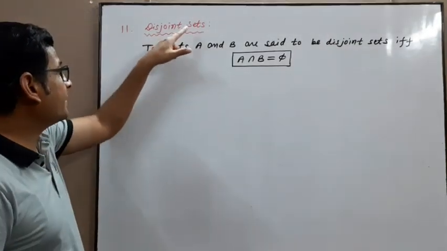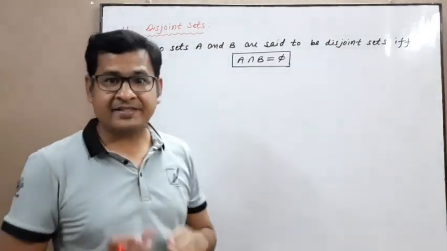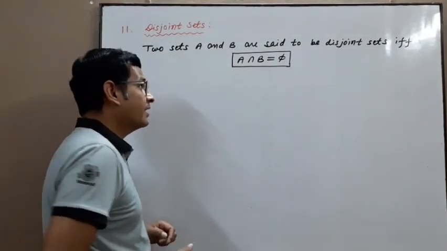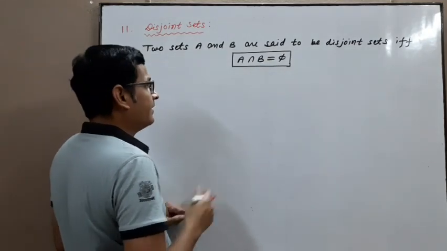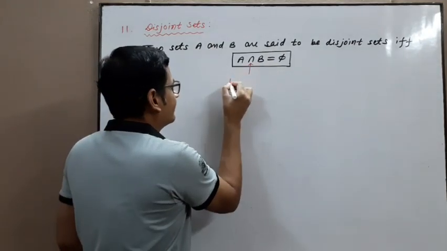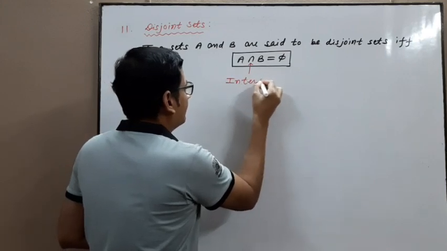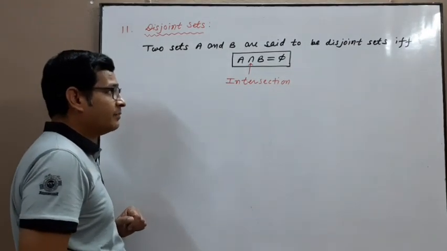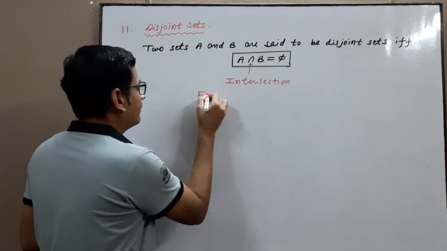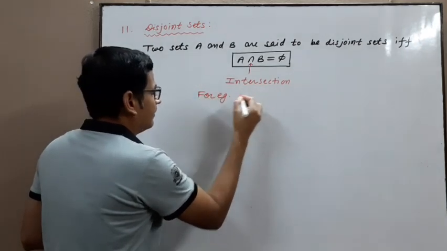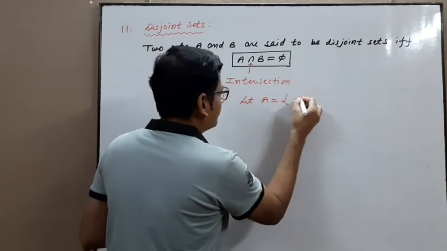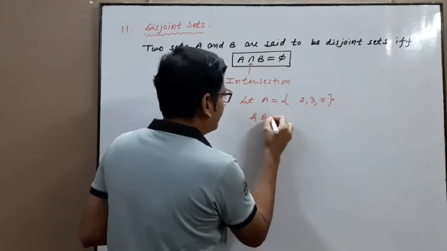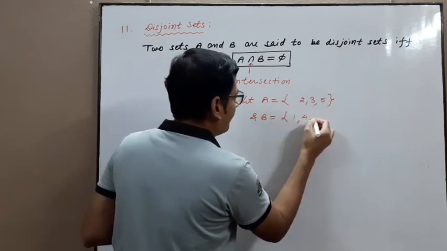Next, disjoint sets. Two sets A and B are said to be disjoint sets if and only if A intersection B equals phi, meaning there is no common element between A and B. This symbol is intersection, meaning the set of common elements in A and B. For example, let A = {2, 3, 5} and B = {1, 4, 6}.